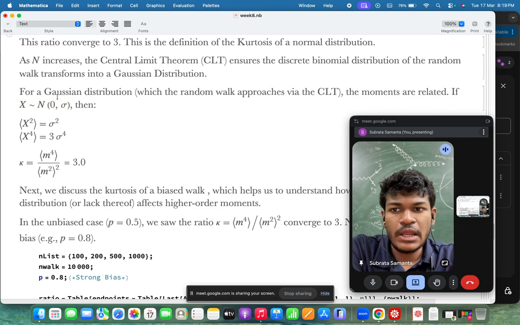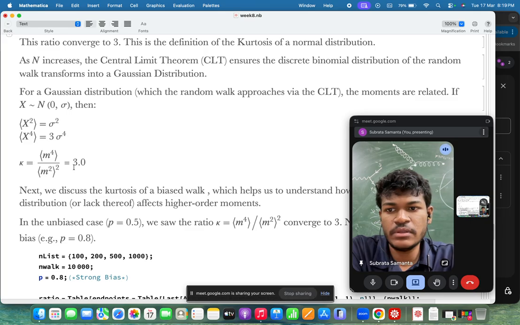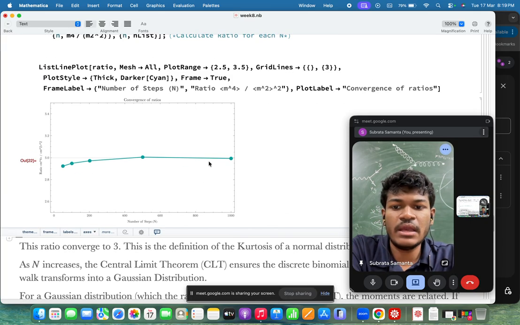And if you calculate this ratio kappa for the Gaussian distribution, it is basically 3, and as n increases, from the random walk problem you also get 3. This converges to 3.